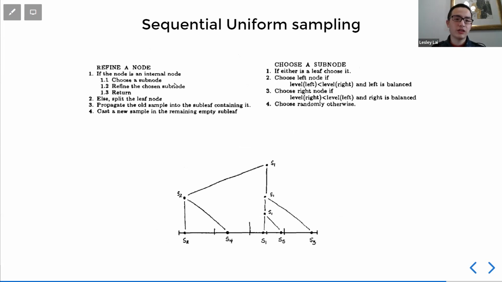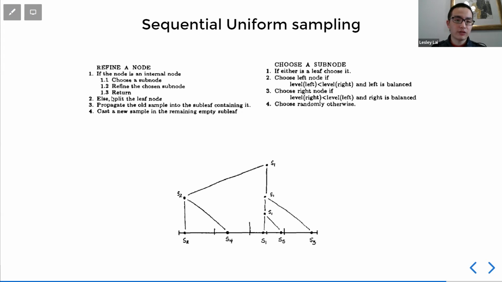So here is the algorithm. First, we refine the node. Let's say we want to generate another sample from this graph. If it's an internal node, then we just continue, choosing a subnode with the choose-subnode subroutine. And after we choose a subnode, we just recursively do that. So in this case, we probably go here, here, here.